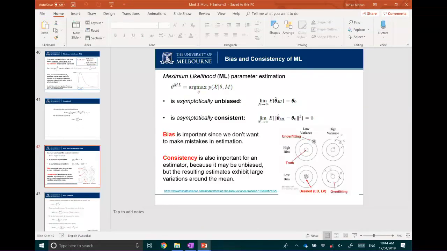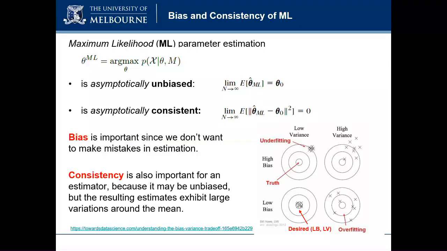Last but not least, it's very important, and I'll come back to this again probably in a different form, is bias and consistency. When I do maximum likelihood parameter estimation, just like we have done a few seconds ago, we call it asymptotically unbiased if, as n goes to infinity, if I get more and more data, my expected value of the estimate goes to the original value, theta 0.